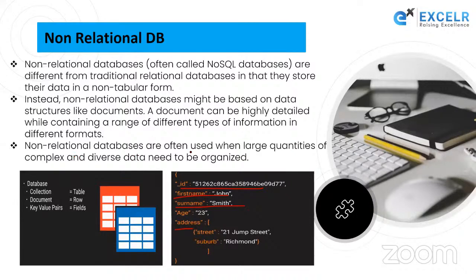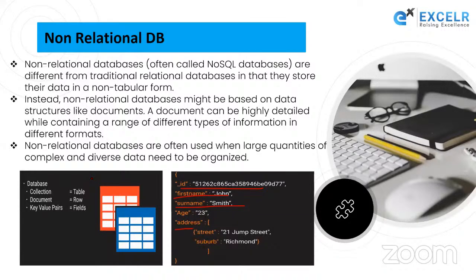These non-relational databases are often used when a large quantity of complex and diverse data needs to be stored in your database. A good use case for this is any gaming application, wherein you want to store leaderboard data: this person is top in the leaderboard ranking, this is the points he has, and these are the rewards he has.